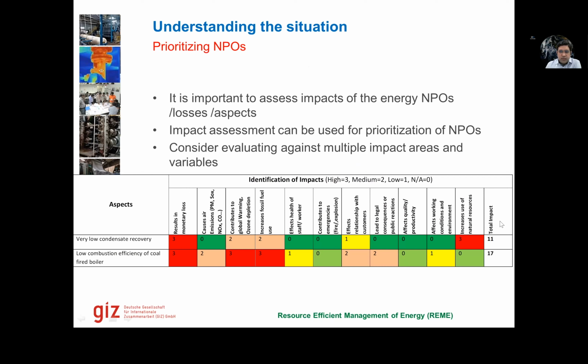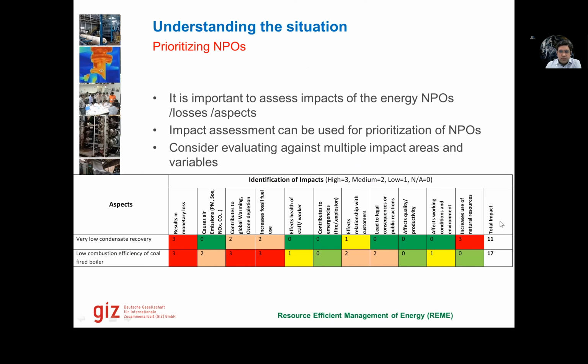And then, leads to legal consequences or public reactions. Low condensate recovery does not have legal consequences, but low combustion efficiency resulting in more pollutant discharges might have legal consequences, because when we have a boiler inspection coming in, we might have penalties because of that.